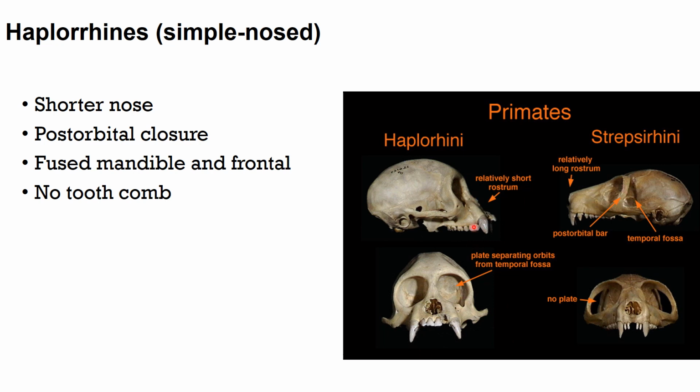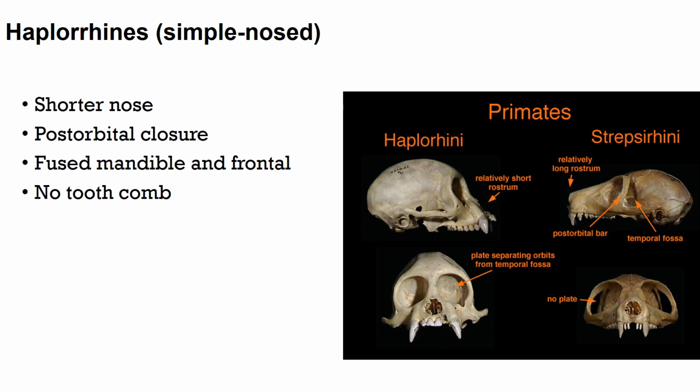If I were to try to do that on a person, I wouldn't get that far because we have bone that fills in that gap here. So you can see the post-orbital closure. You can see that there's bone on the back side. You can see that back here too. The plate of bone that encloses the eye, there's no plate of bone here. That's a big one because we can find it skeletally. We can find it in the fossil record. So we look for that.